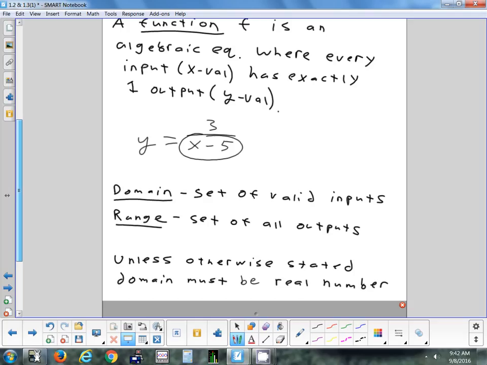Okay? So the way I would describe the domain here is I would say all numbers except 5. You can divide by positives, negatives, fractions, decimals. You just can't divide by 0. And the only time that would happen is if you let x equal 5. Okay? Any question on that idea?